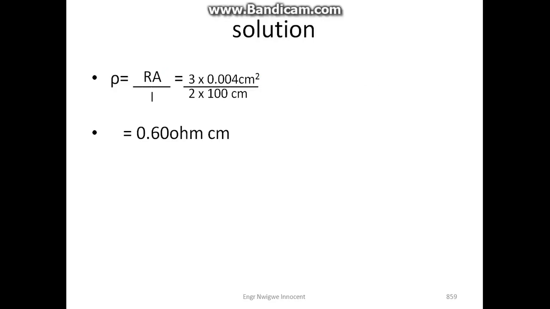Resistivity rho equals resistance R times area A all over length L, which equals 3 times 0.04 all over the length, 2 meters. To convert to cm, we multiply by 100 to give 2 times 100, which gives our resistivity as 0.6 ohms per cm.